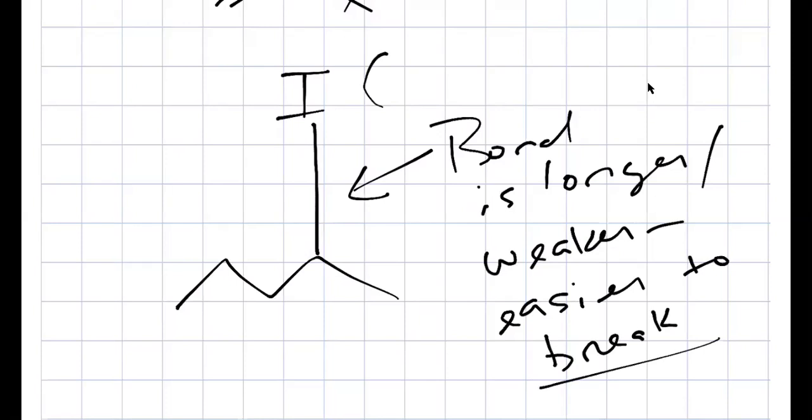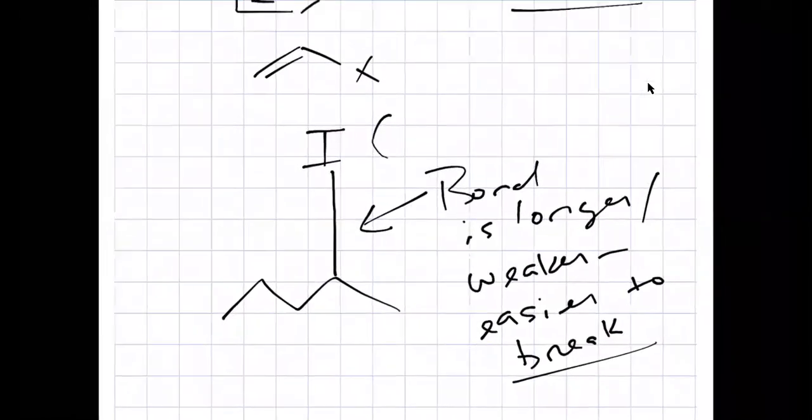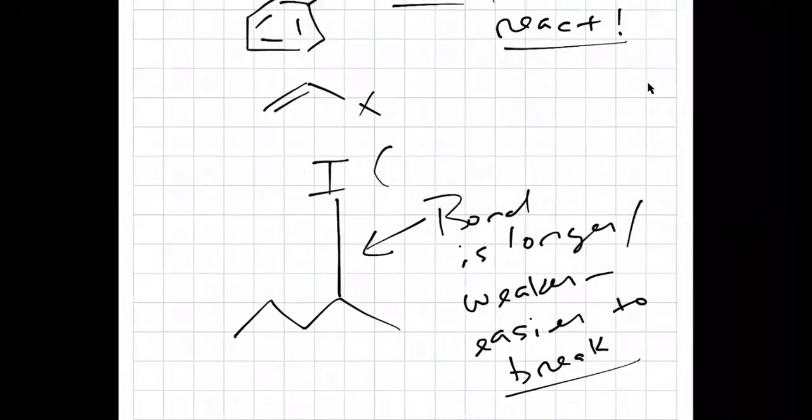So that's why iodine is preferred. Now you can use bromine or chlorine, but iodine will react faster. The larger the atomic radius, the longer that bond is going to be, because that atom doesn't want to sit right on top of carbon.